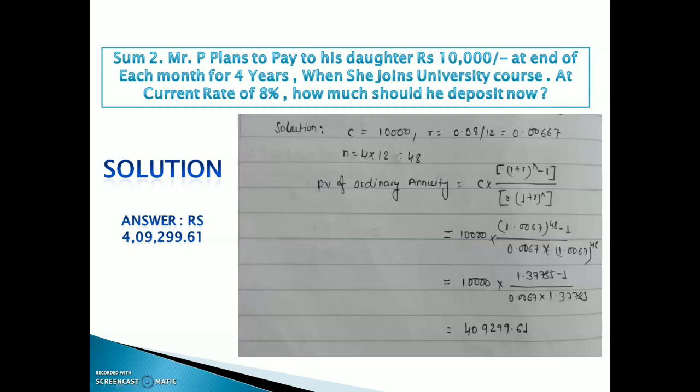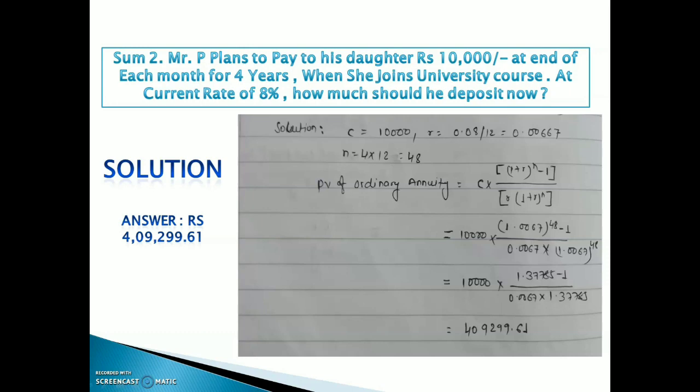Here the cash flow is 10,000, and the rate of interest given is 10% per annum, and the number of years is given as 4 years.